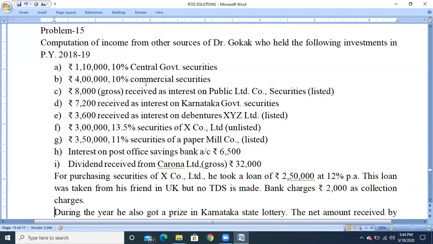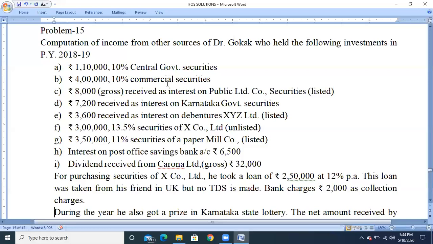Second, rupees 4 lakh 10% commercial securities. This will be treated as less tax securities because they have not given the word tax free, and it has been issued by commercial companies or private companies. So there are two conditions.